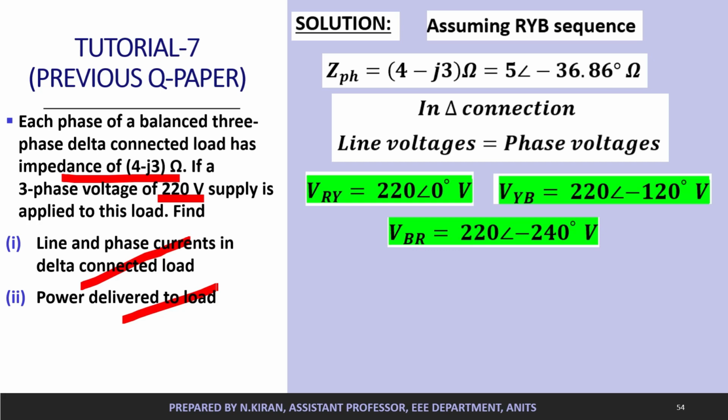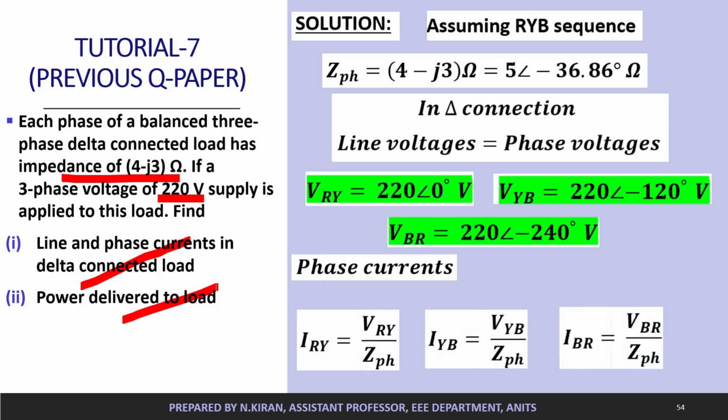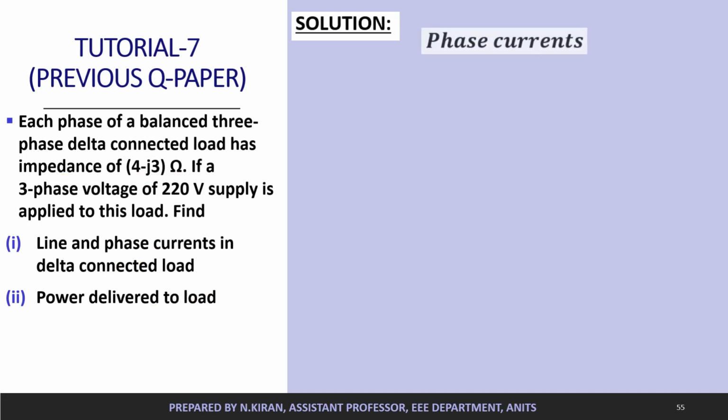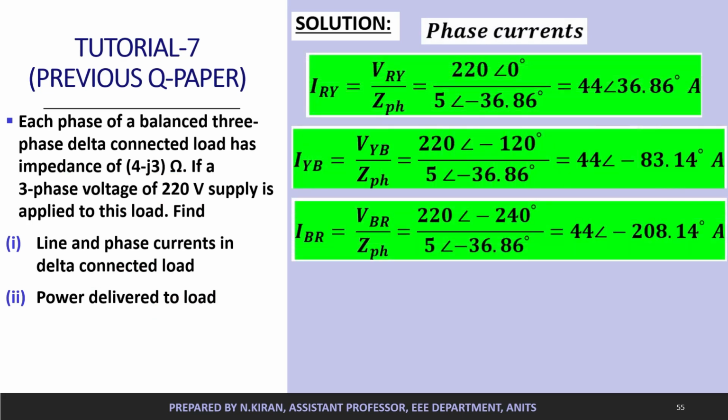The phase currents: I is equal to V by Z. So the phase voltages I know, and the respective phase impedances, since balanced, all the phases will have same impedances. Substituting in the formula, I'll get the phase currents in all the three phases, that is IRY, IYB and IBR for the delta connected load.